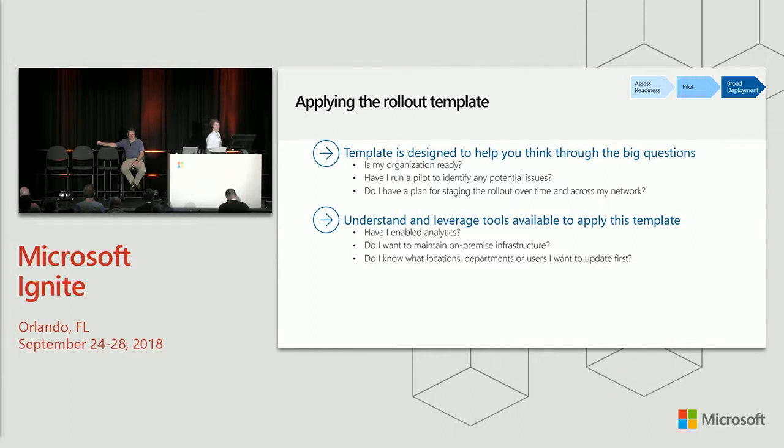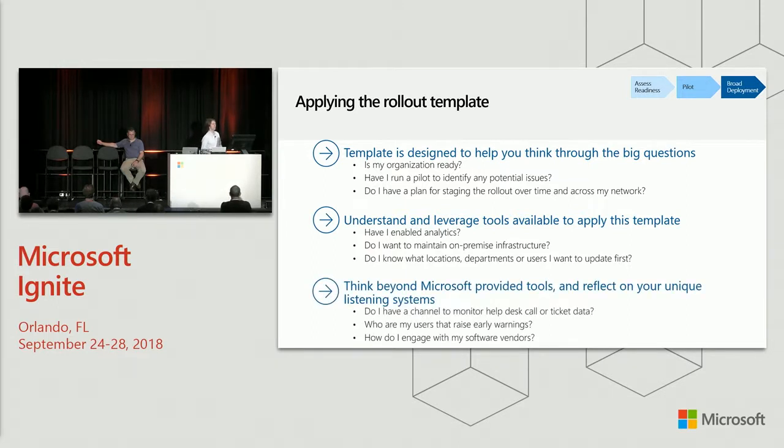And ultimately, beyond just this general concept of rings, think through organizationally how you want to stage that. Do you want to do that based on certain departments? Certain kinds of machines, certain kinds of users that you might have described in Active Directory, for example? And ultimately, thinking beyond the tools that we provide and the template we describe, what are your listening systems?